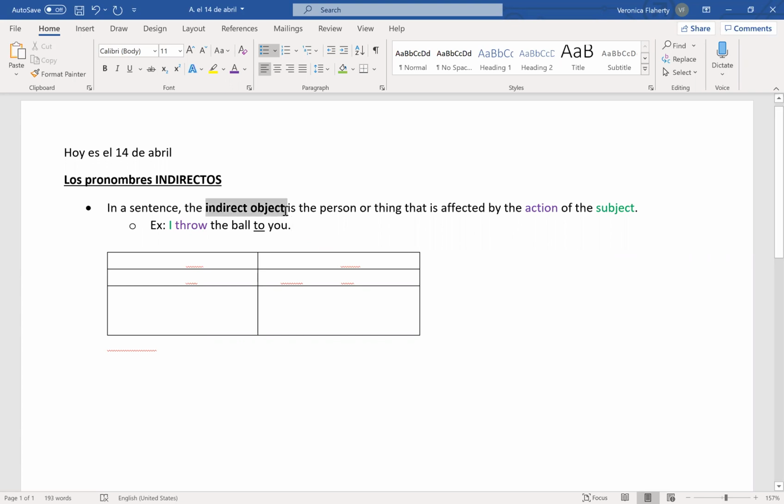Does anyone know what the ball is in that sentence? The thing that's being thrown? No, I is the subject.